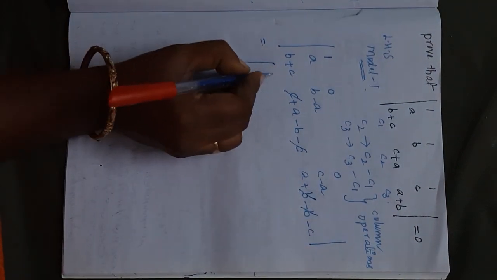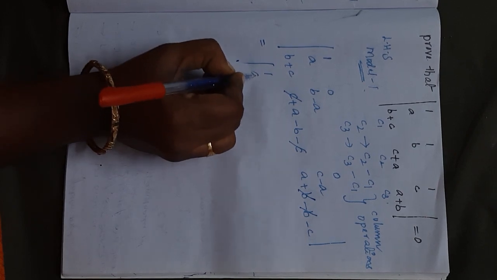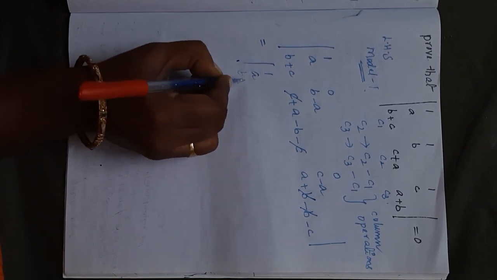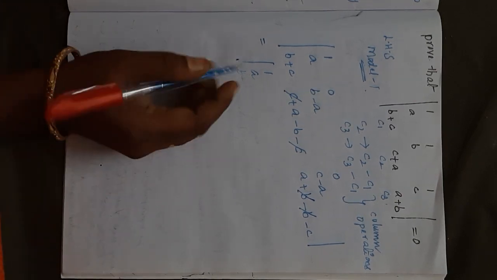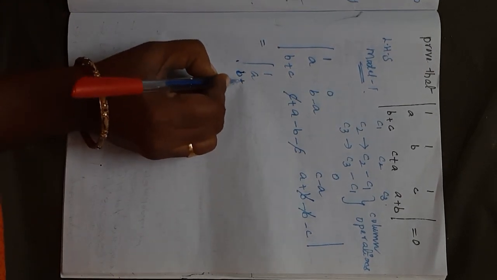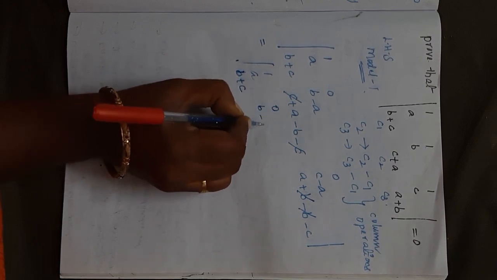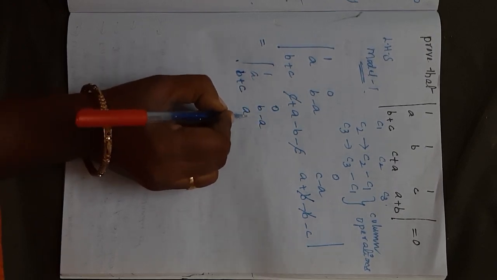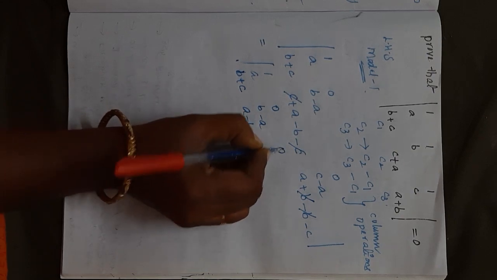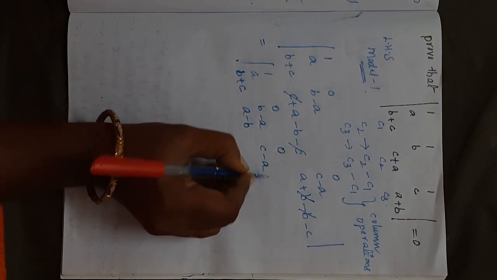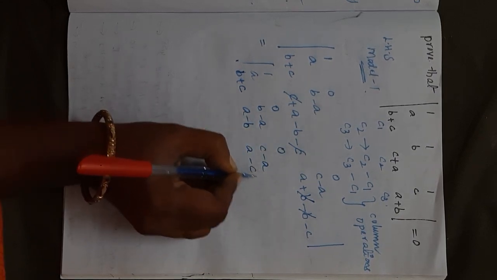The remaining is 1, A, B plus C. Next 0, B minus A, minus B, 0, C minus A, minus C.